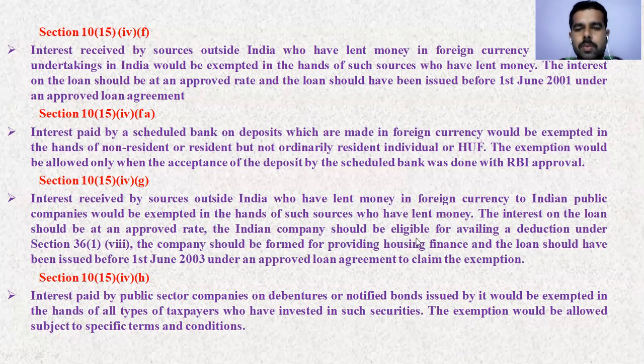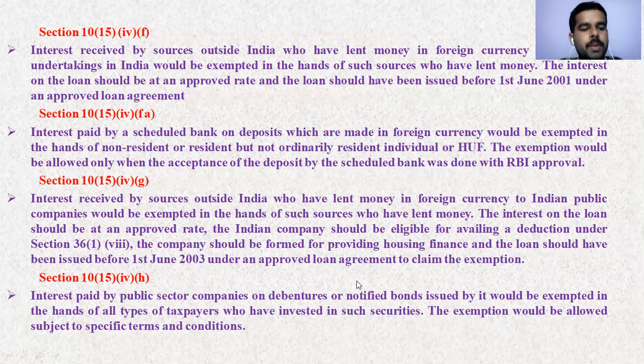The Indian company should be eligible for availing a deduction under section 36(1) sub-section. The company should be formed for providing housing finance, and the loan should have been issued before 1st June 2003 under an approved loan agreement to claim exemption.